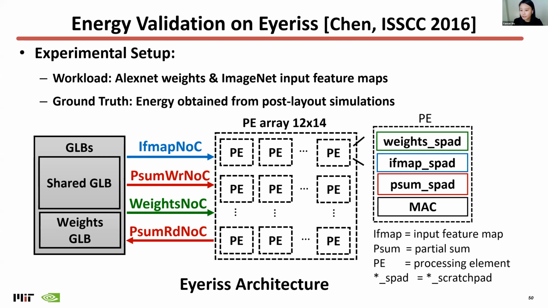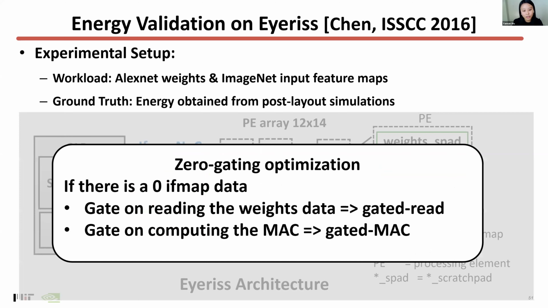And inside each PE, we have 3 different types of local buffer. Each of them is responsible for storing a specific data type. And we have the MAC unit responsible for performing multiply-accumulate operations. One important optimization applied to this architecture is the zero gating optimization, which refers to the fact that when there is a 0 input feature map data, we do not want to read the weights data, because no matter what the weight is, the multiplier output will be 0.